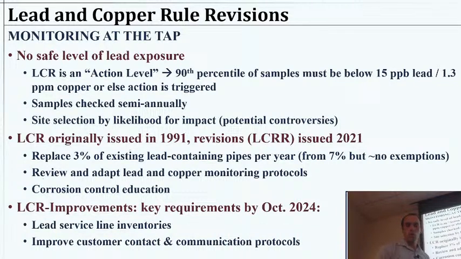All right, so the lead and copper rules, a few little things here. Just going to highlight, it originally had replaced 3% of lead-containing pipes per year, but it had some exemptions. Now it's revised. It was 7, but there were exemptions, and now it's 3%, but no exemptions.